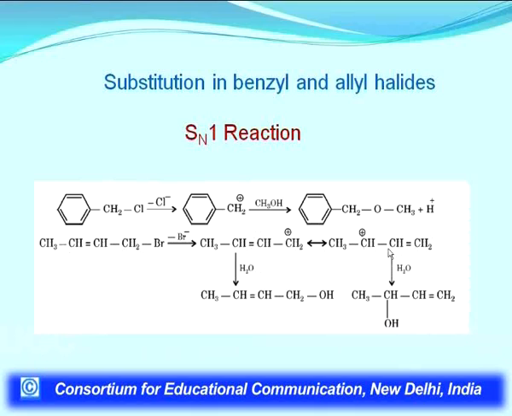Now, any of these structures can capture the water and we can get two different alcohols in this case, and the reaction becomes very fast because in both cases the carbocations are resonance stabilized. They are highly stable carbocations and the reaction proceeds at a much faster rate even with weaker nucleophiles in the case of benzyl halides and allyl halides.